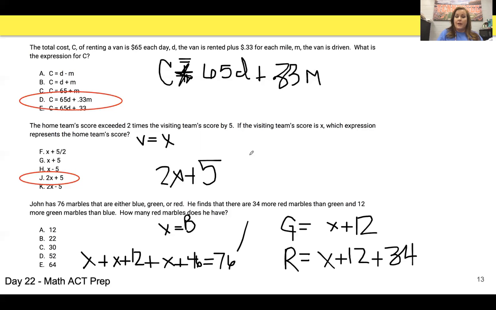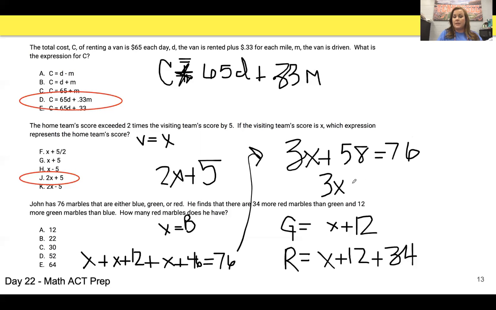Now let's simplify it. We get 3x plus 58 equals 76. 3x equals 76 minus 58. What is that going to give me?